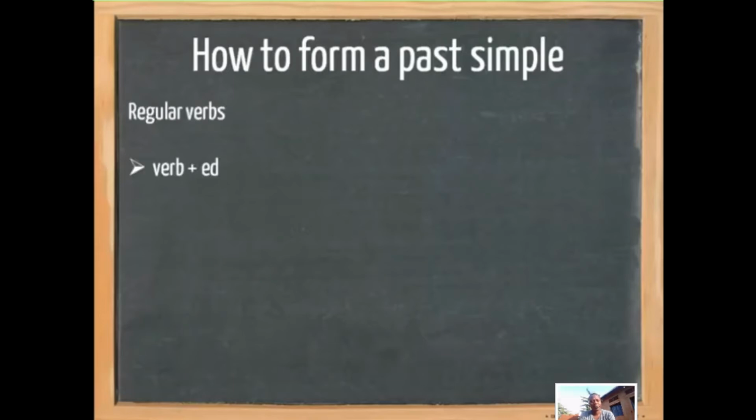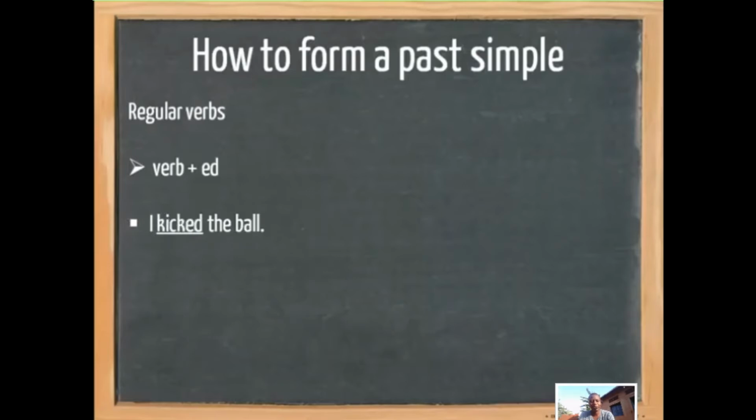Simply, for regular verbs, we take the verb and we add ed. Here we go. Let's take an example of the verb to kick. We do say, I kicked the ball.